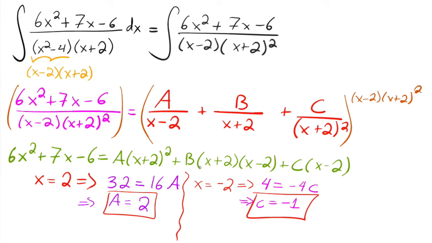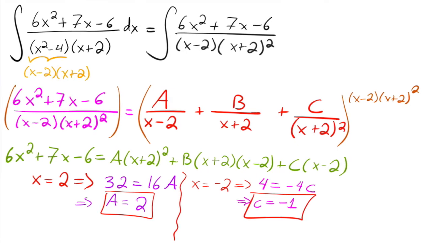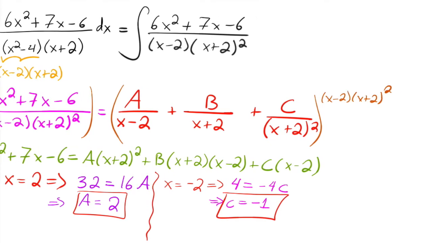Now for B, we just choose any other value for x. An easy one would be to let x equal 0. Because if you let x equal 0, on the left side you'll get just negative 6, equal to, here you get 2 squared, which is 4, times A, which is 2, so that's 8.